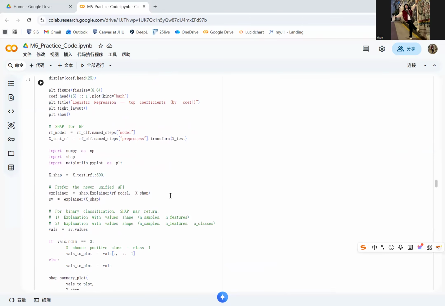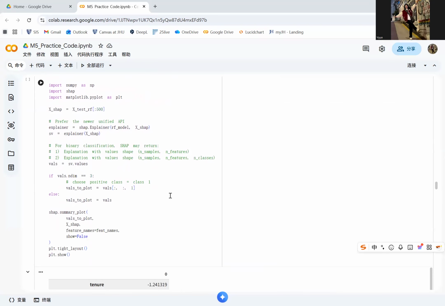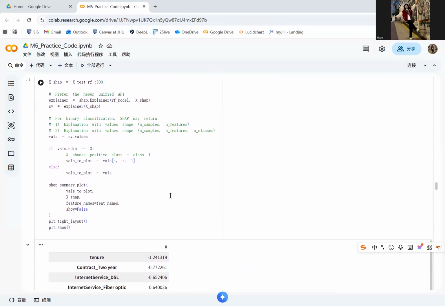For example, the model may predict that a specific customer will churn because they have high monthly charges combined with a short tenure and a flexible contract type. These local explanations improve transparency and make the model easier for stakeholders to understand.